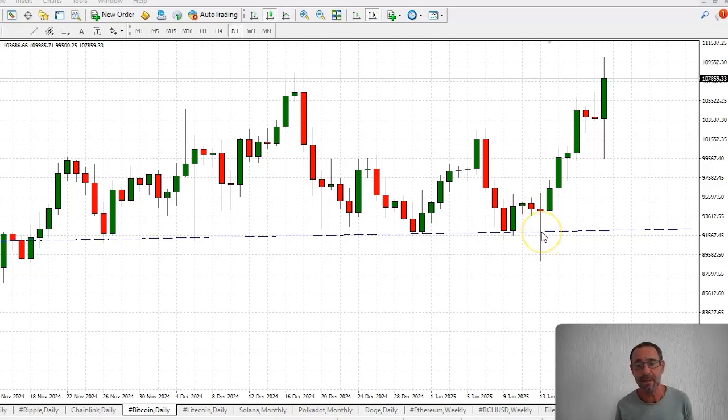It's testing that reference point, in this case the neckline, and even though it fails the first time, sometimes it's successful on the second attempt or even the third attempt. So we just kept watching very closely, but here there was no second attempt, there was no third attempt. Price action from that point forward went into a complete upside reversal and a full-fledged upside move.